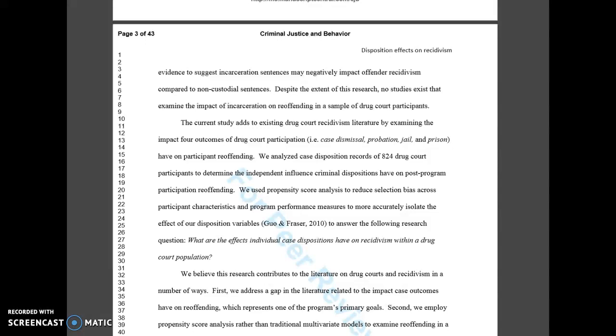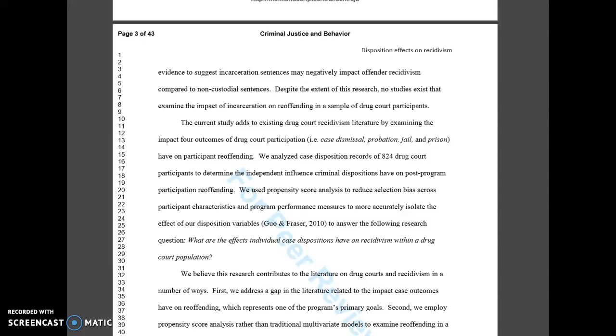So you see here at this paragraph, the current study adds to the existing drug court recidivism literature. This is the primary purpose of the research, and when you are completing research, you want to look to fill a gap of something that isn't actually out there.